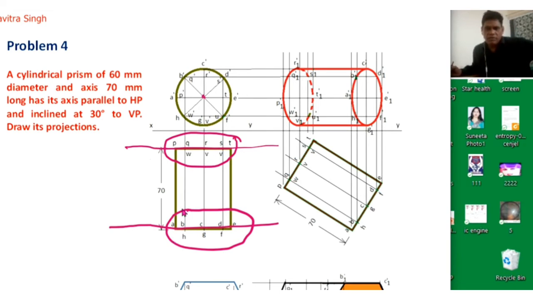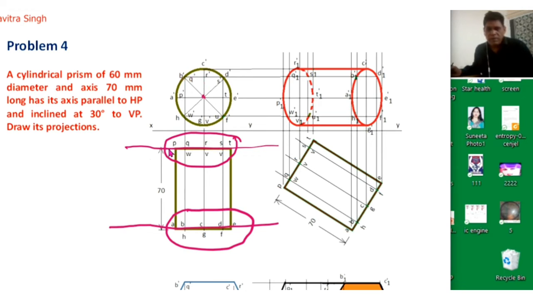So actually we will focus first on one surface. First we will draw this line which is parallel to the vertical plane, okay. So here you can see this is point A, B, A dash, B dash, C dash, D dash, E dash, F dash, G dash, H dash for one surface, and P dash, Q dash, R dash, S dash, T dash, U dash, V dash, W dash for another surface, okay. So numbering is there for the bottom and top surfaces.